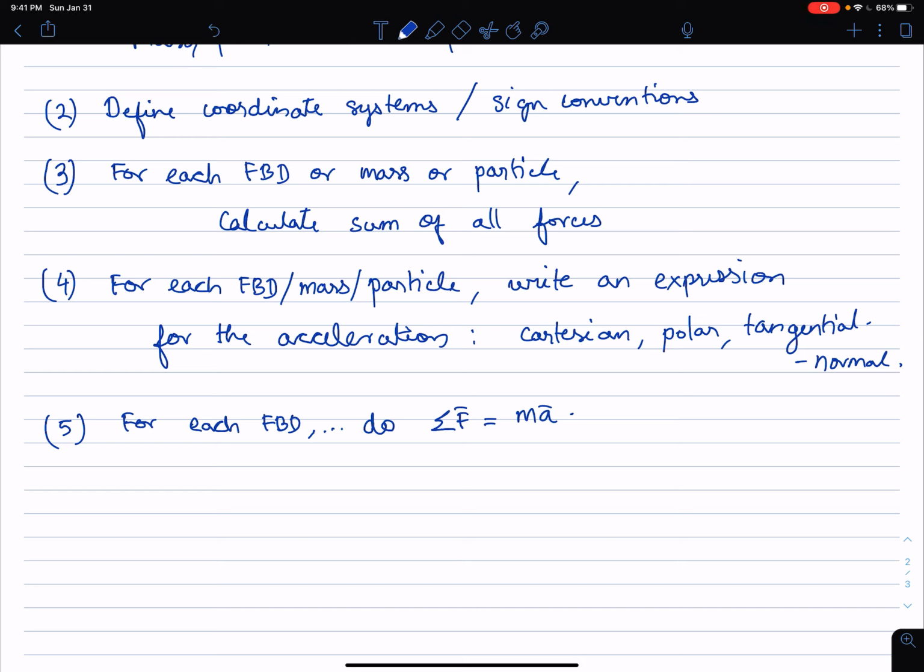Okay, so those are the principles, and then the usual situation is there'll be a few quantities given and a few unknowns.